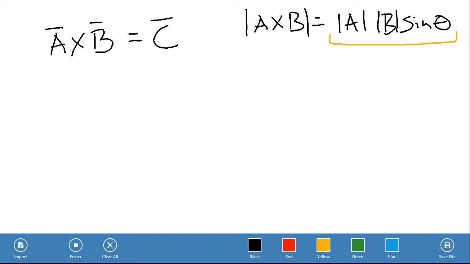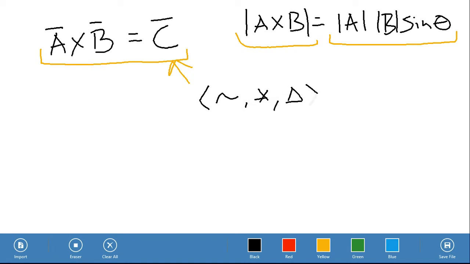So I'm sorry about that. This is the formula for the magnitude of the vector product. The formula for just the vector product is this A cross B term, or this C. This C is the vector that I had written down before as a tilde, a star, and a triangle. So that's the output vector C.